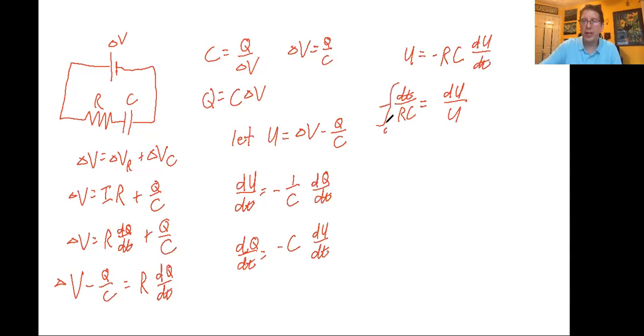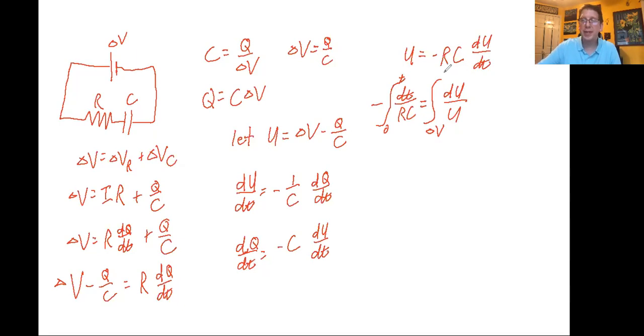Now we can integrate this. So we're going from time t equal to 0 to a time t. So we're going to integrate. The value of U at t equals 0: well, if we're charging the capacitor, then we're assuming it's uncharged initially, so U is just delta V at t equals 0.